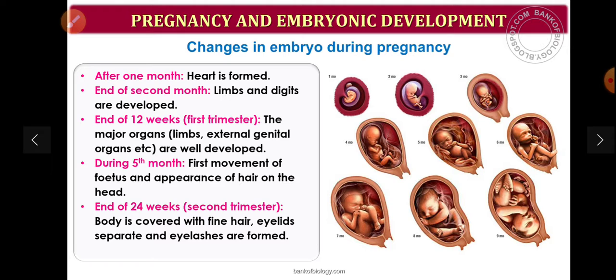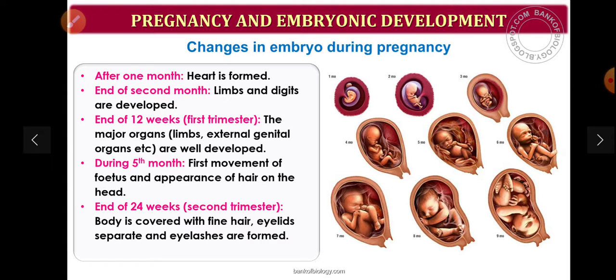The nervous system begins to develop within the first month, and the normal length of the embryo is approximately 1.25 centimeters.